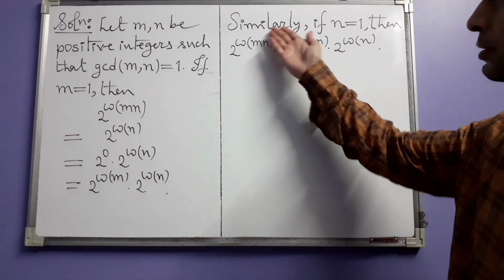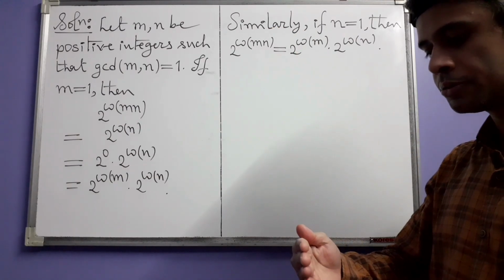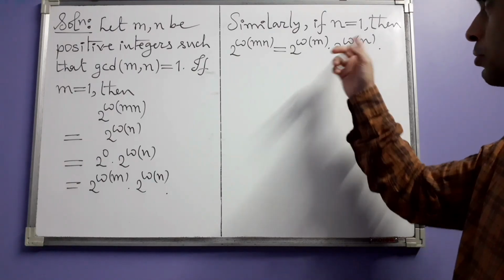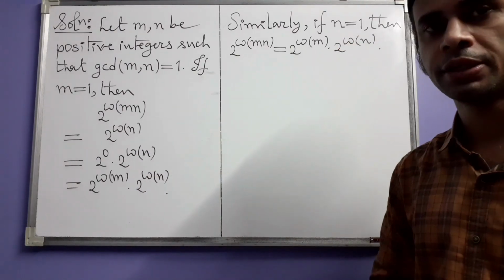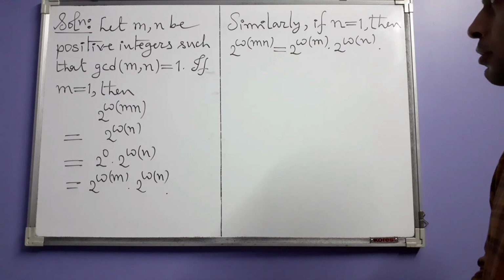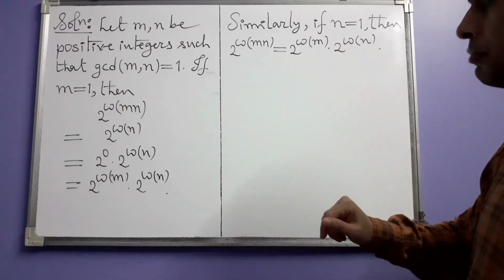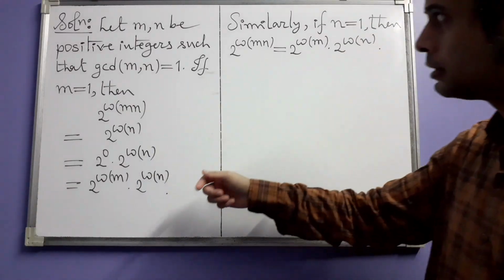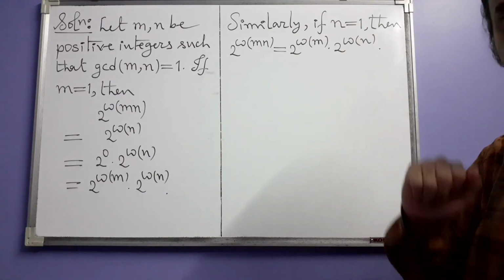Now, you can actually go through the argument where you put n equal to 1 and go through a similar calculation, and you see that yes, it is true. Or what is more preferable is to recognize the fact that this case itself implies this. Why?